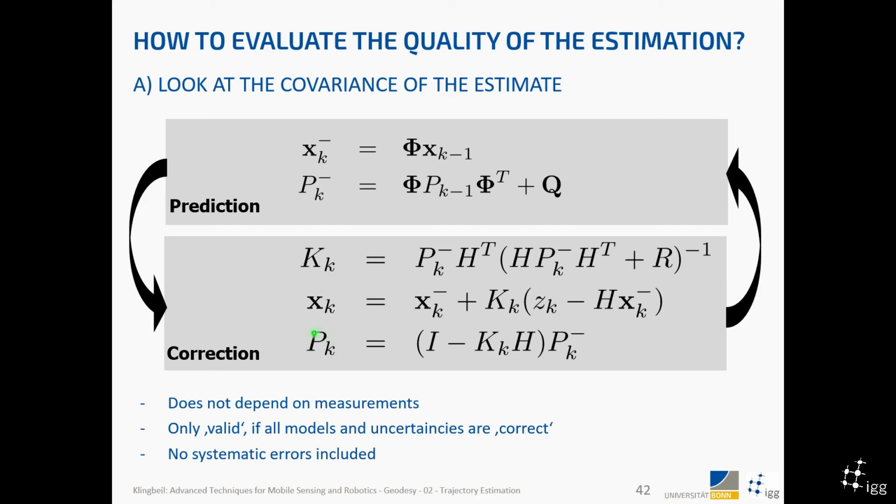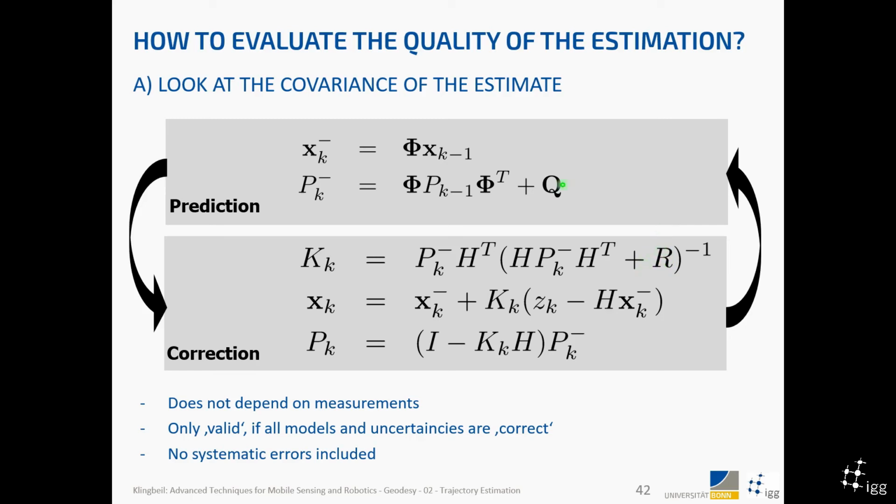It's also interesting to note that the covariance is not necessarily changing over time. It only changes if the Q changes, or if the Q is not changing but the time frequency of updates is changing, or if the measurement noise changes.